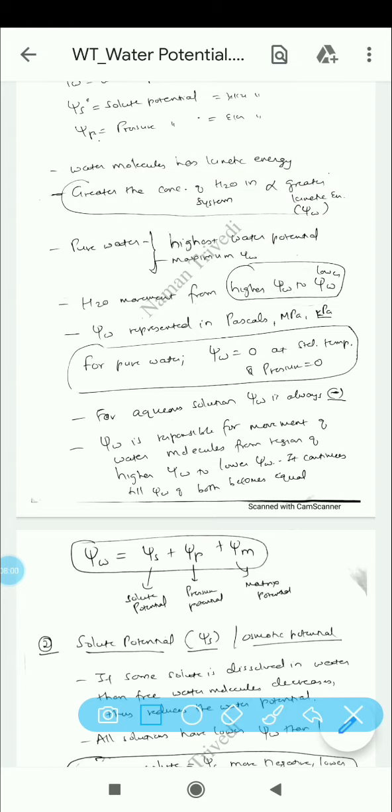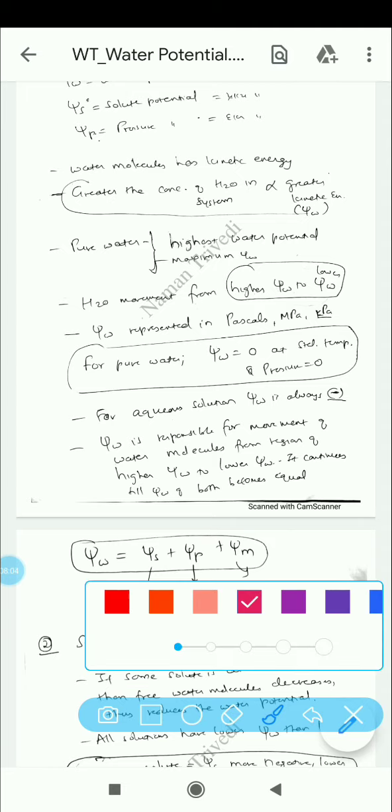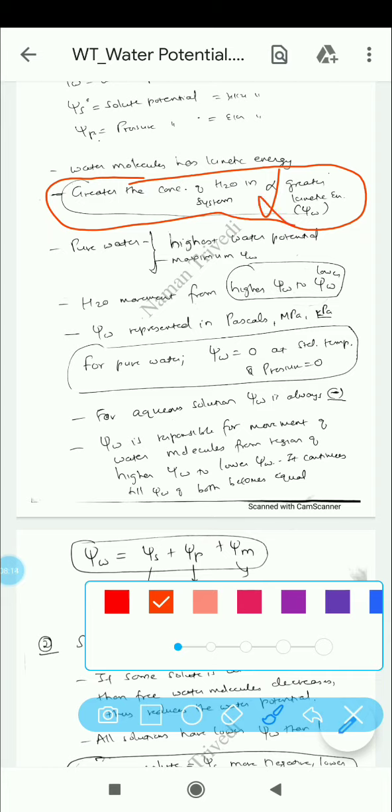It tries to denote that the greater the concentration of H2O, the greater the kinetic energy. So it is directly proportional. The greater the concentration of H2O in the system, the greater the kinetic energy.